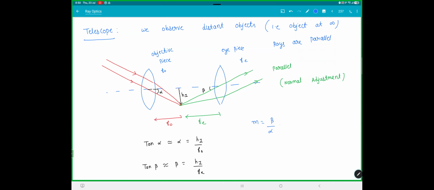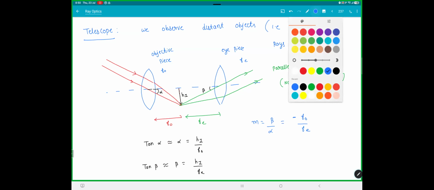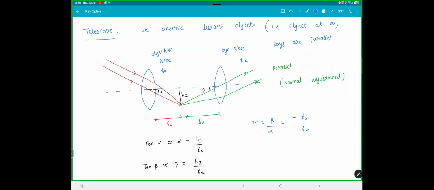So beta by alpha, we end up with minus f naught by fe. Minus sign because for this lens the focal length is positive, and for that one we're taking fe backwards. Minus simply indicates the image is inverted. This is the magnification, and the length of the microscope is f naught plus fe. These are the main results.